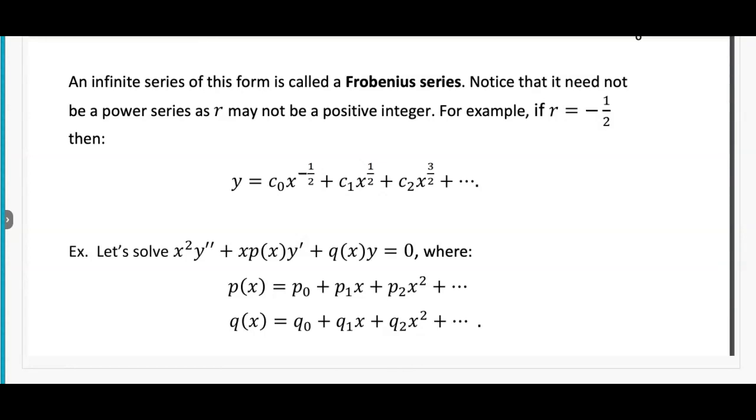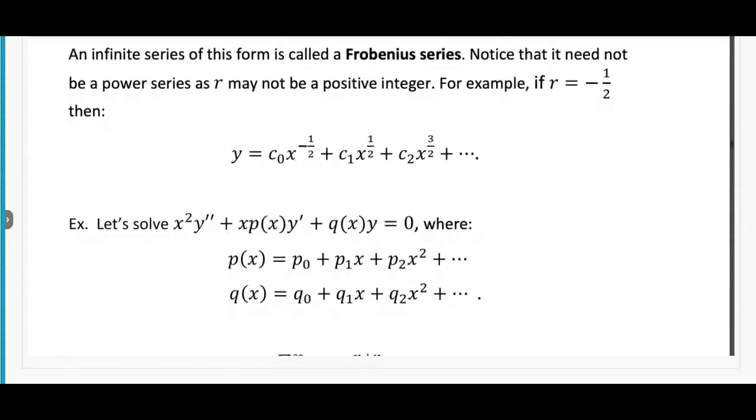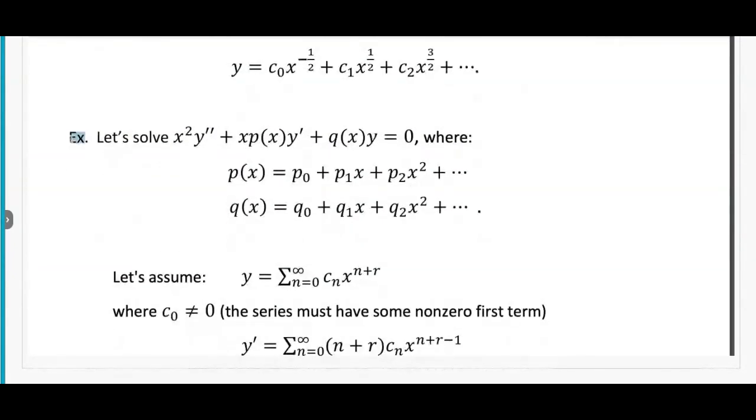So we could have some rational expressions, rational terms in the solution. So let's see this example. Let's solve this equation. P of x is a power series, and Q of x is another power series. So we represent it as such.